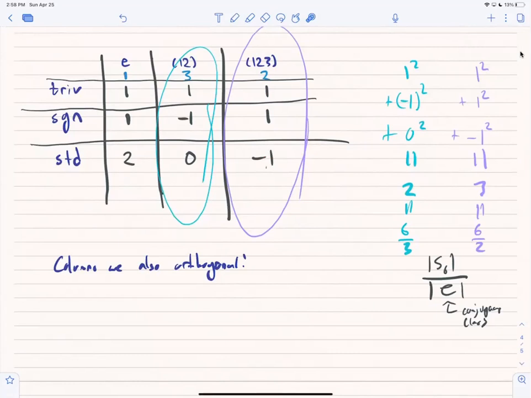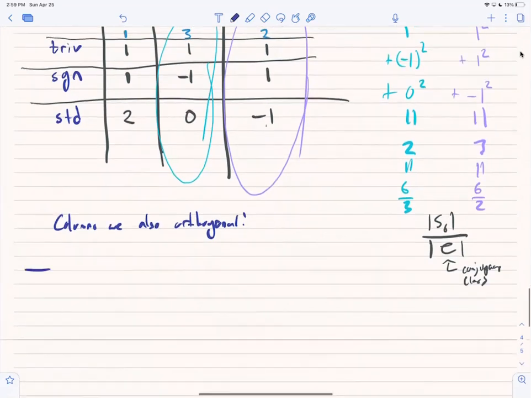So distinct columns are orthogonal to each other, just for the standard Hermitian inner product. In the rows, you always have to weight by the number of elements in the conjugacy class. In the columns, you don't have to weight by that when you're looking at two separate columns, though it does come up when you do one column with itself. So this is called second orthogonality.